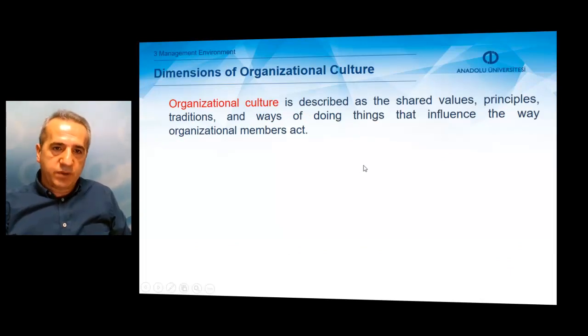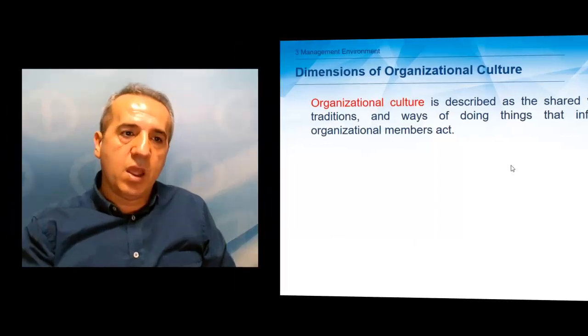So, after talking about the environmental issues, we can talk about the dimensions of organizational culture. This term is described as the shared values, principles, traditions, and ways of doing things that influence the way organizational members act, right? There are certain things we can easily observe within the organization regarding the organizational culture.